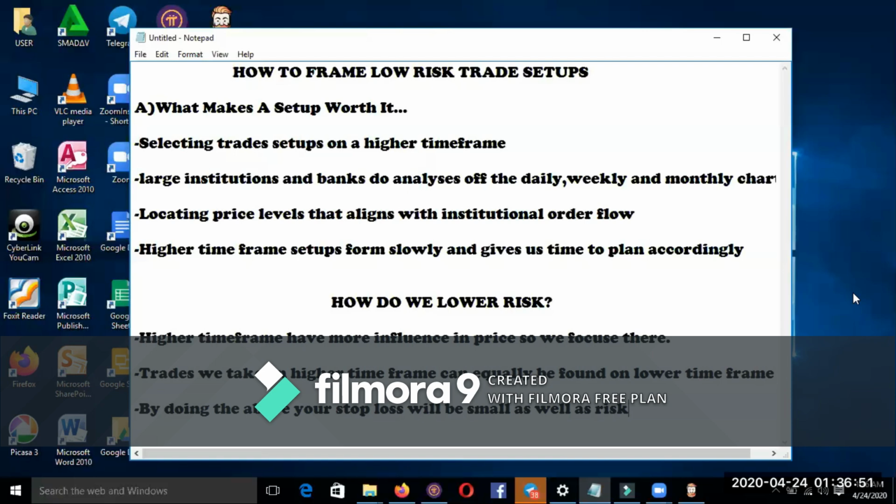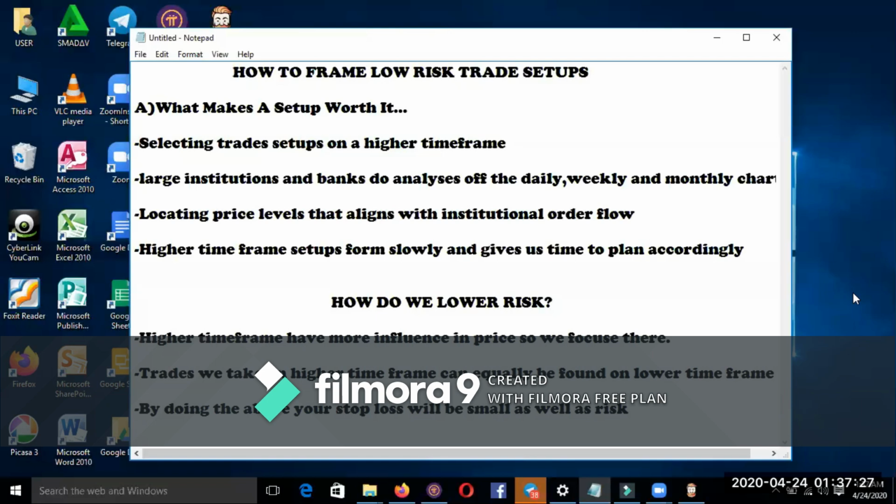Next is that a higher time frame setup forms slowly and gives us time to plan accordingly. If you go on a higher time frame and see a setup, say on the daily, it's going to be reacting slowly. Now if you break it down to the 1 hour and the 15 minute, that will give you the opportunity either to buy or sell on the 15-minute time frame.